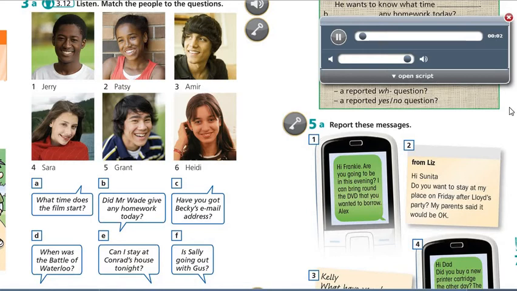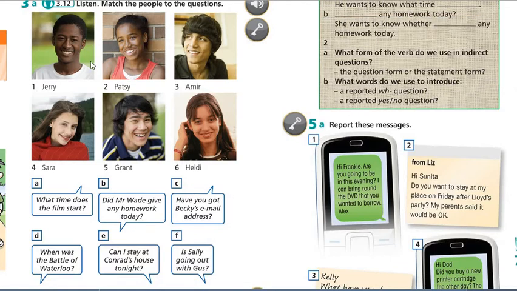He's going to a pop concert with Conrad. Well, he says it will probably finish very late, so is it okay if he stays there? What did you say? I said it would be fine. 6. You've got an email here from Heidi. Really? What does she want? She wants to know whether Mr. Wade gave any homework today, because she was at the dentist's this afternoon, so she missed the last lesson. Oh, yes. Okay, just a minute. I'll email her back.